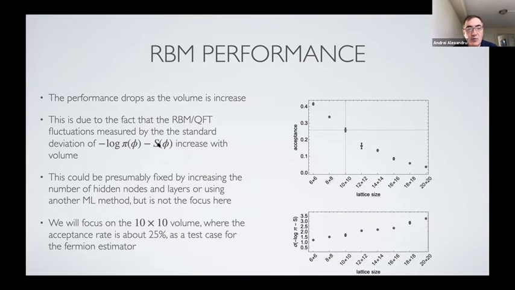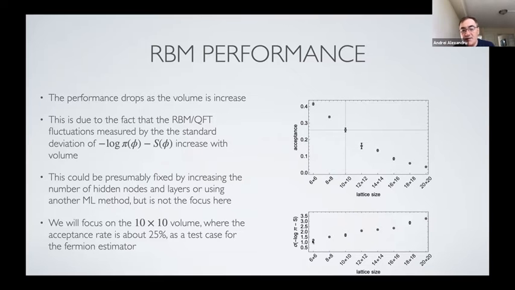If you look at the variance, you find that the variance starts close to 1 on the smaller lattices, and it increases, not quite proportional to the volume, but it does increase as you go to larger and larger lattices. And as I said, if you go away from 1, the probability of acceptance of the correction step drops quickly.